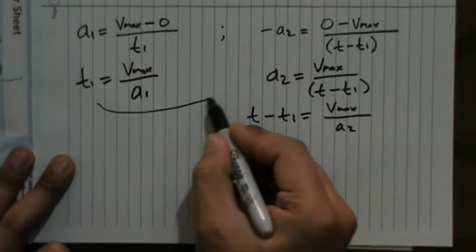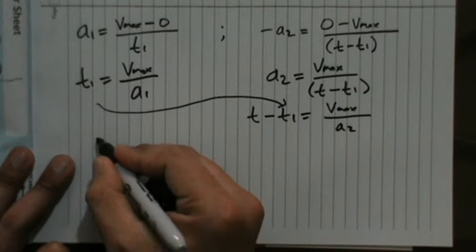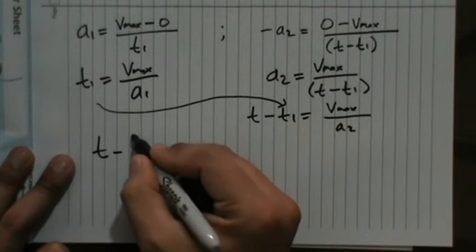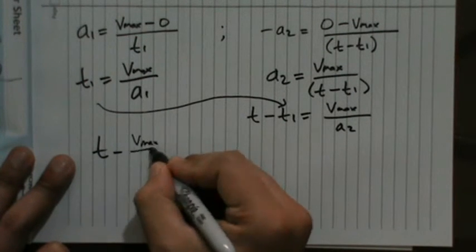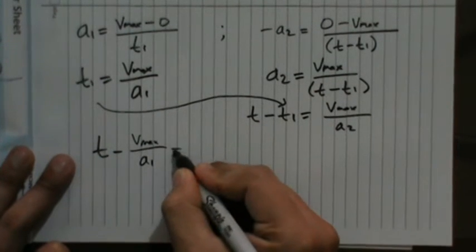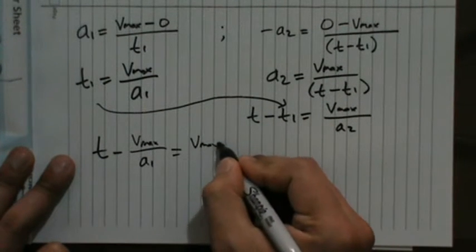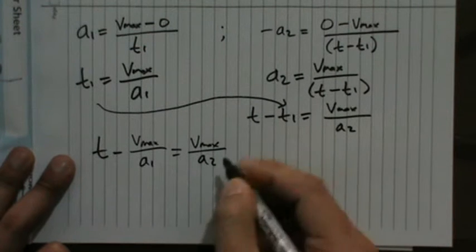So now let's substitute t1 here, and we get t minus Vmax divided by a1 is equal to Vmax divided by a2.